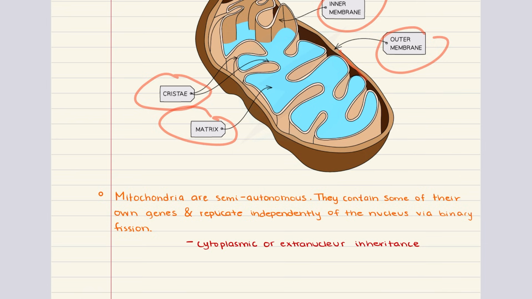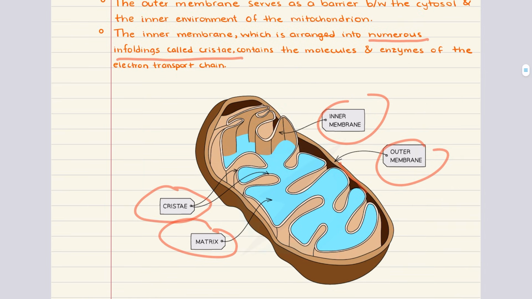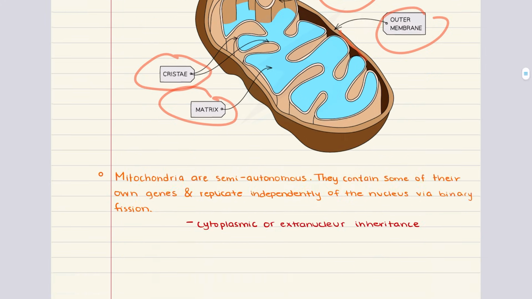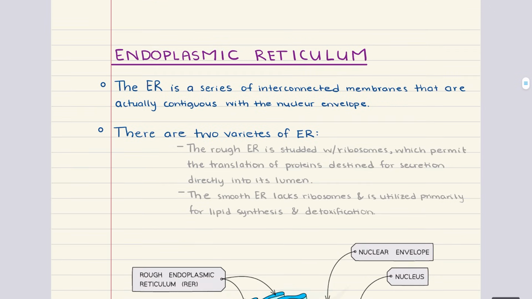So those friends with benefits finally got married. So in addition to being the center for energy metabolism, mitochondria also offer some really important insight into the evolutionary history of eukaryotic life. Now, let's move on to the endoplasmic reticulum, or ER.